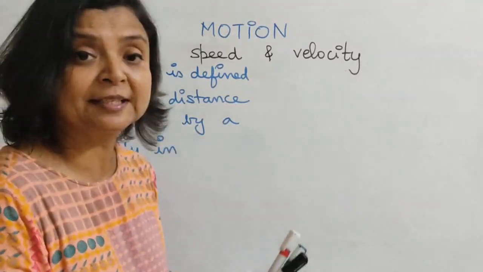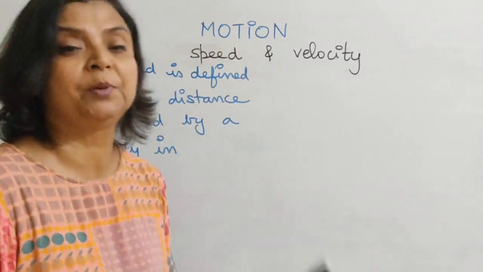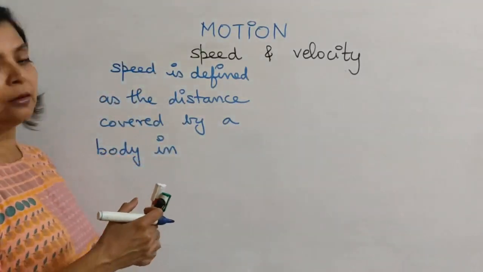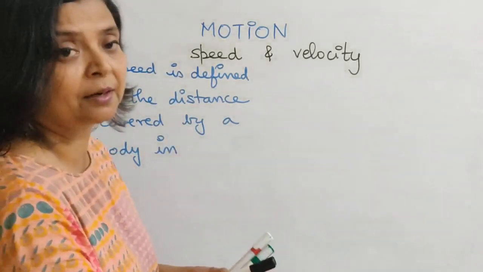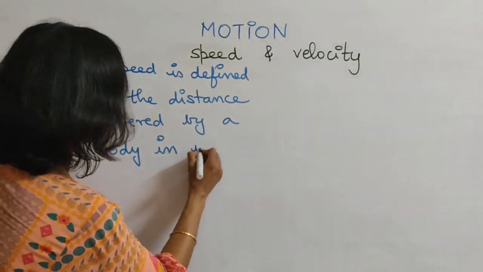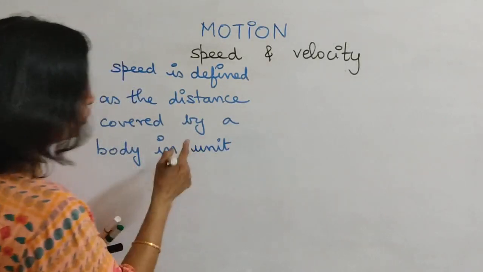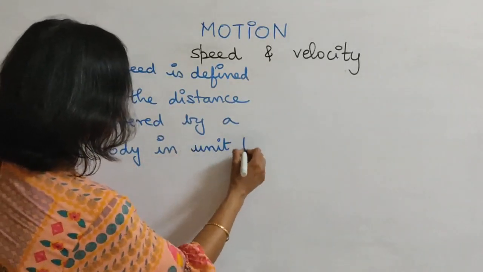Unit time because we always express it as 60 kilometers per hour, or 2 meters per second. So per hour, per second, per minute is in unit time. Per means unit, right? Unit time.